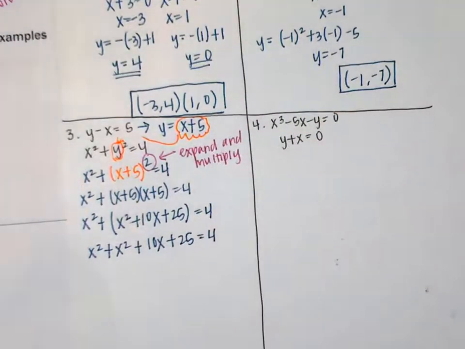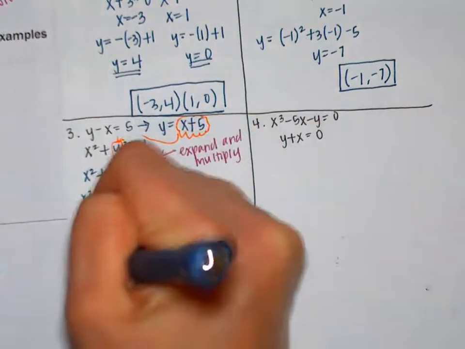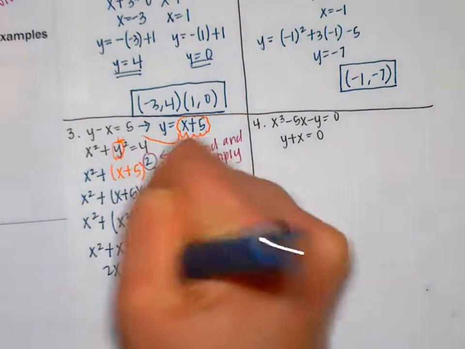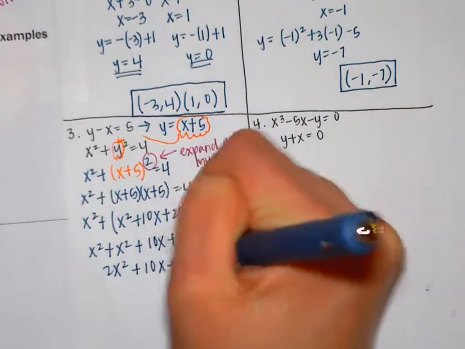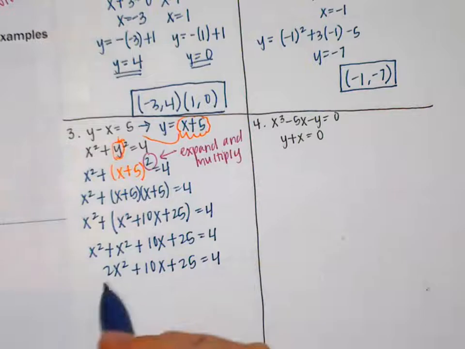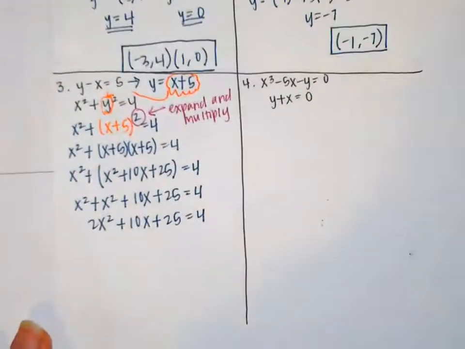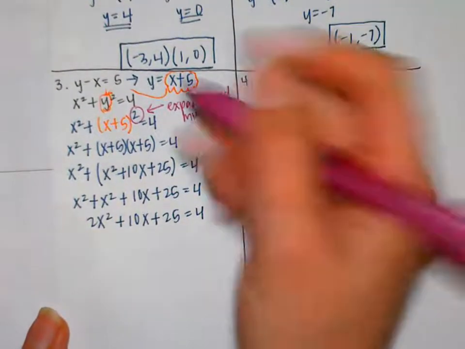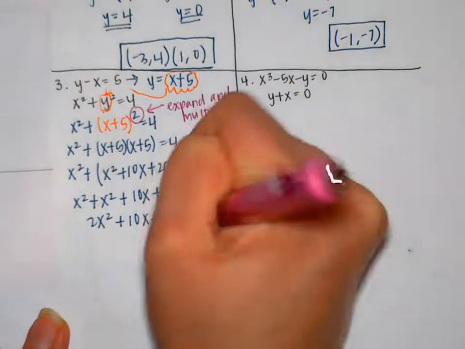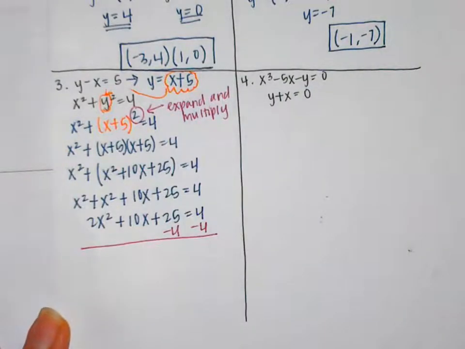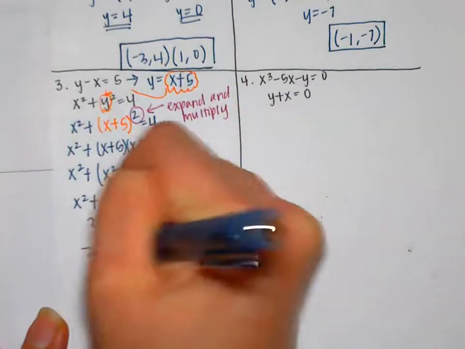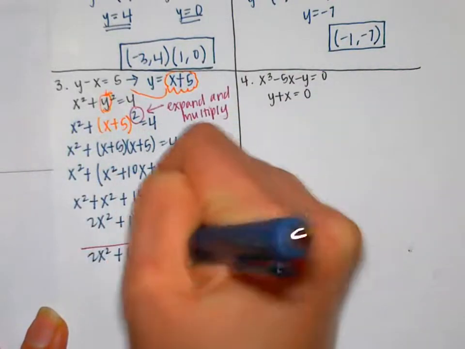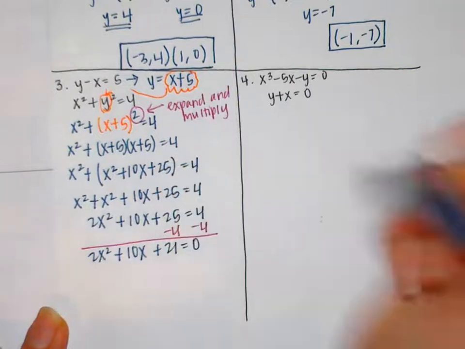So I'm just going to combine my like terms. x squared plus x squared is 2x squared. And then because it's a quadratic, I'm going to move everything to one side. So I'm going to subtract the 4 from both sides. And I get 2x squared plus 10x plus 21 equals 0.